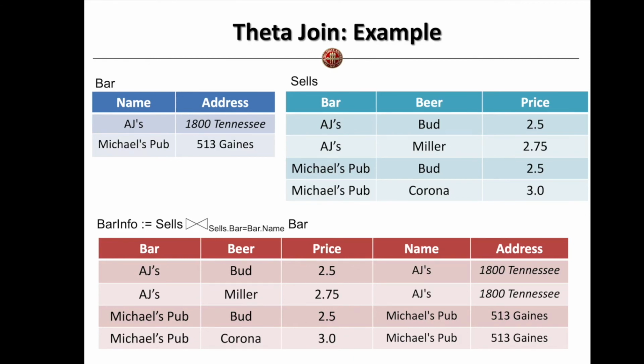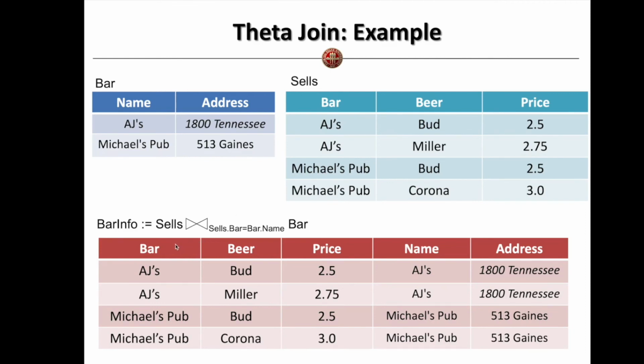And based on the product between these two relations, we further apply the selection based on the condition that sales.bar equals bar.name. In other words, among them, we further do the selection to select some rows, and we can represent the result at the bottom.